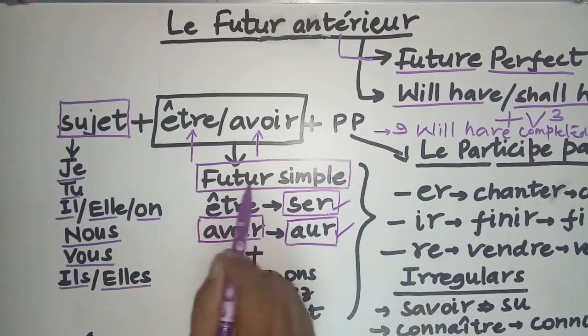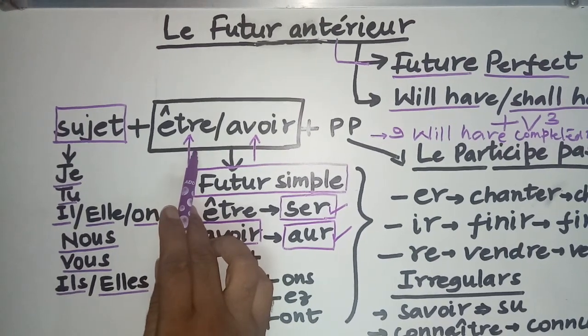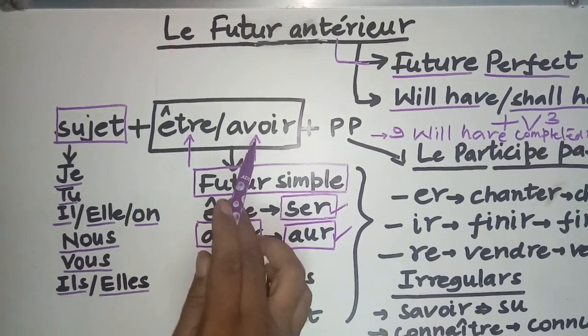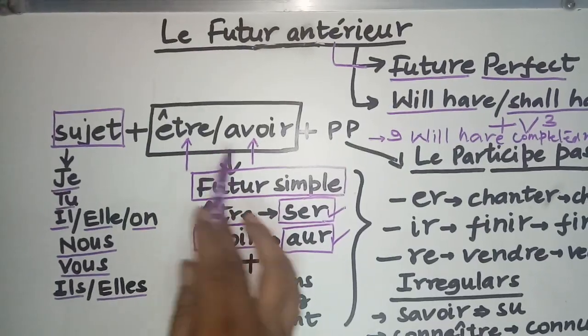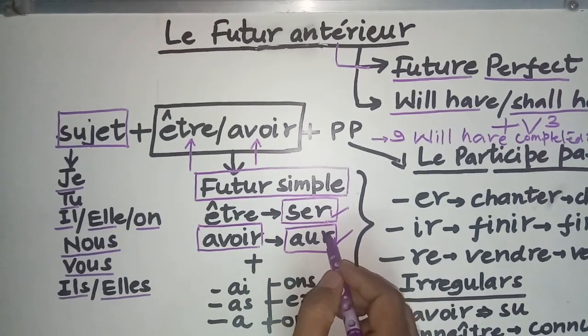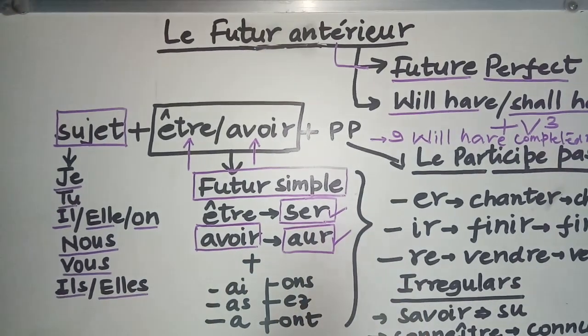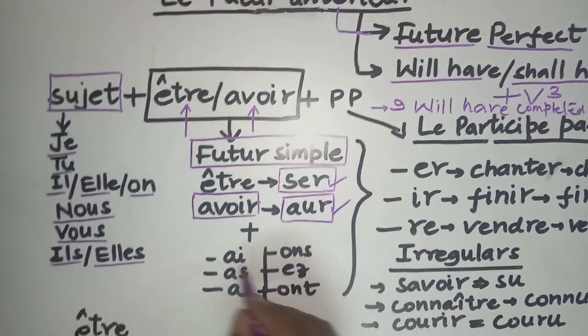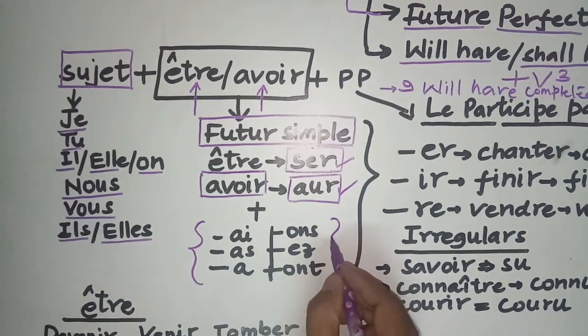Let me tell you again that for auxiliary verbs we have to use either être or avoir. None other than these two verbs. Out of these two, one we have to use. And the formation will be ser for être, aur for avoir. After this, you come to the terminaisons, the endings of the future simple.